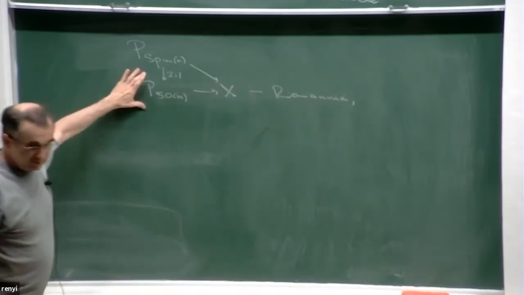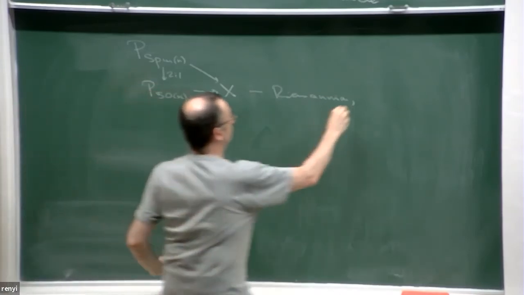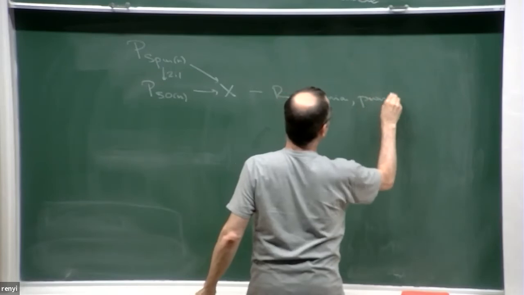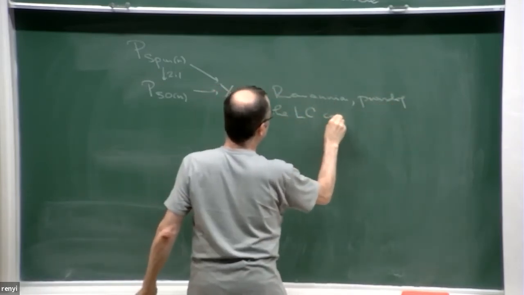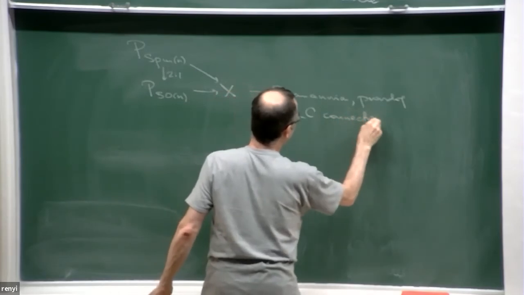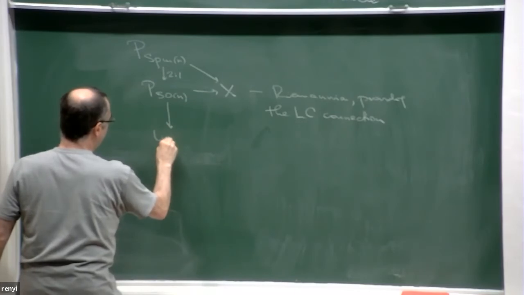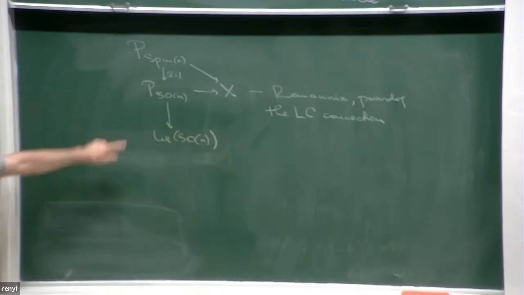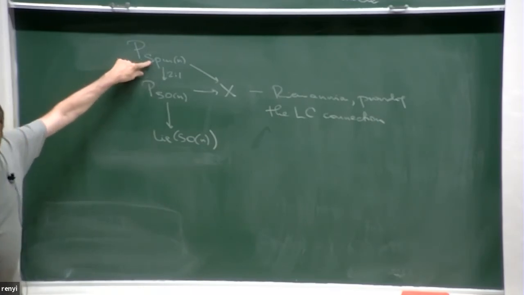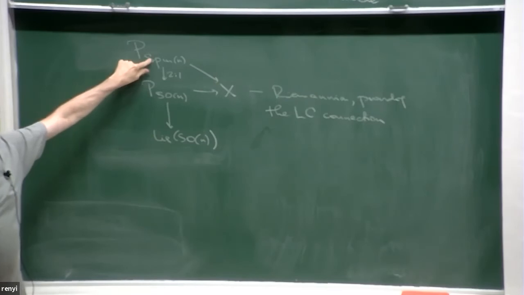So it comes with a canonical Levi-Civita connection. So we do have a Lie algebra valued one form on this principal bundle, and we can naturally pull it back. You know, it's just a simple pull back. So we do have a connection on this bundle as well.